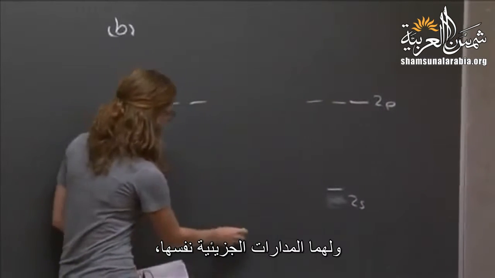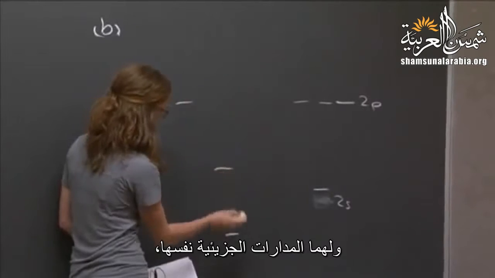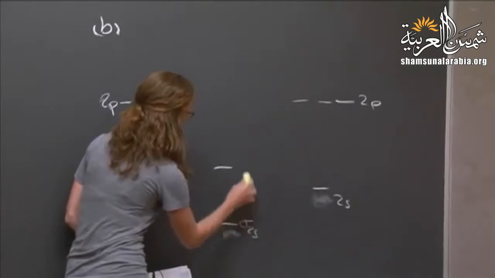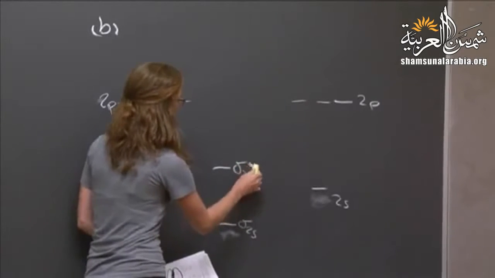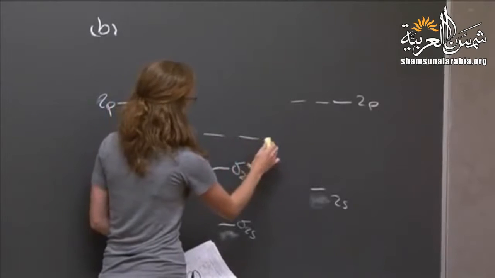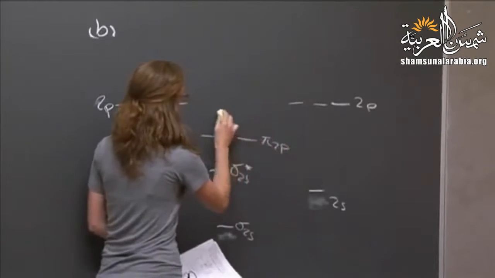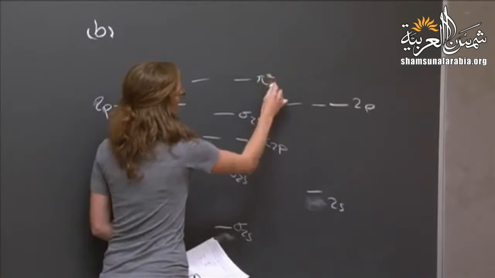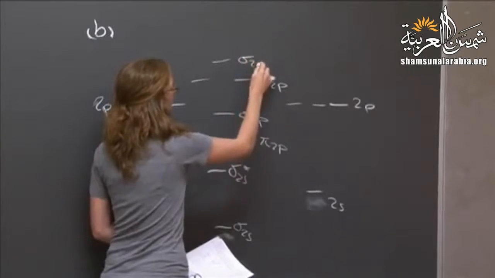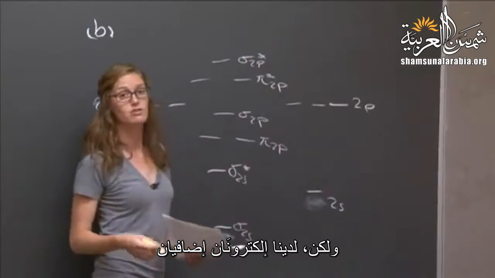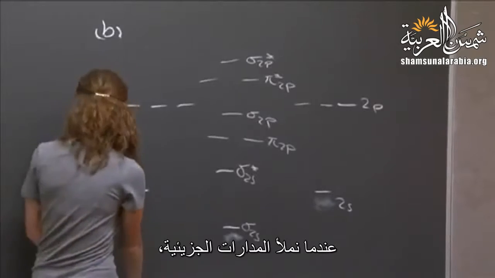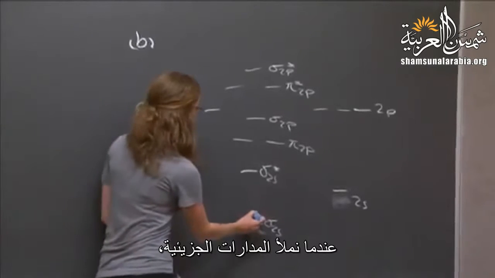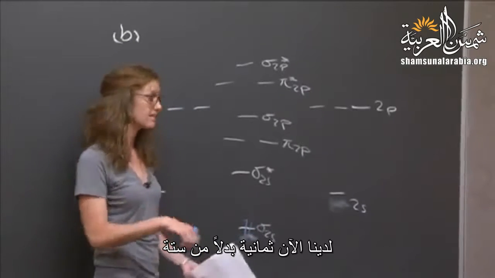And they still make the same molecular orbitals. But we have 2 extra electrons. So when we go to fill up our molecular orbitals, we now have 8 instead of 6.